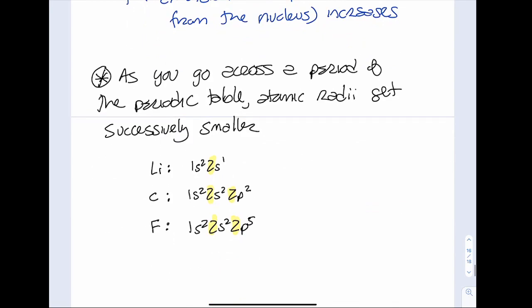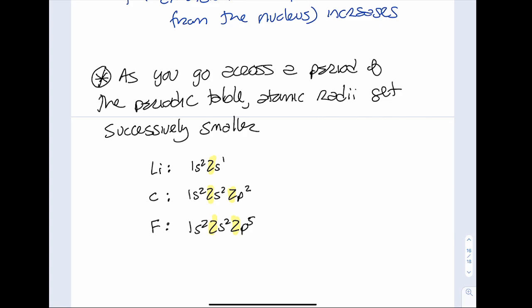As I go across, my shell stays the same. Lithium, carbon, fluorine, everything in period 2 is going to have n equal to 2 as its highest energy shell. So that can't be our reason. We can't say, well, I'm adding electrons to smaller shells to explain why it gets smaller.